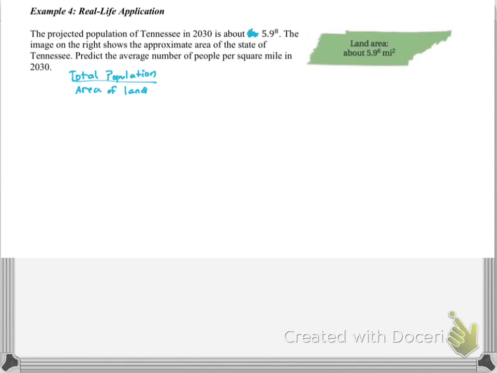So if we were to fill that in, total population of people, we have about 5.9 to the 8th power. Divide that by the land area, which it says is 5.9 to the 6th power. We recognize that they have the same base, 5.9, so I'm going to keep that base and subtract the exponents to get 5.9 squared.